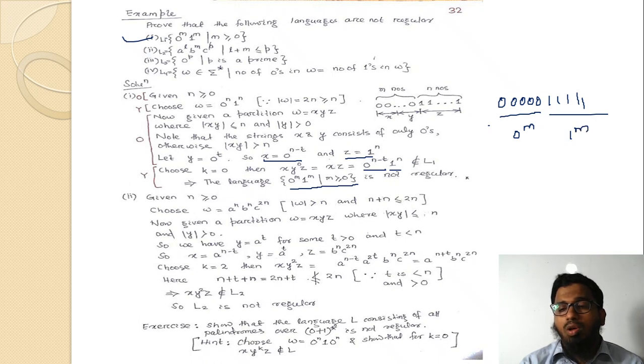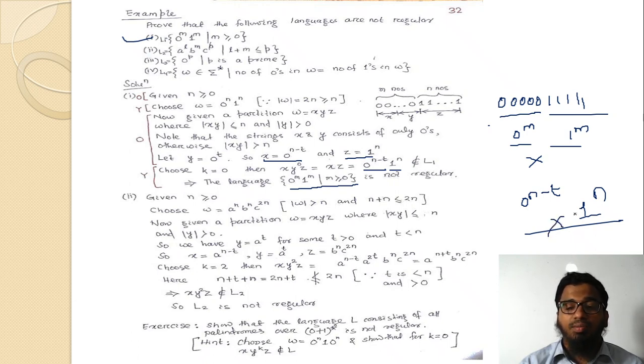But when we go with 0 power n minus t, whatever n is, if we remove t, then it will not be equal. We get 0 power n minus t and here we get 1 power n. They are not the same, so this is not regular.